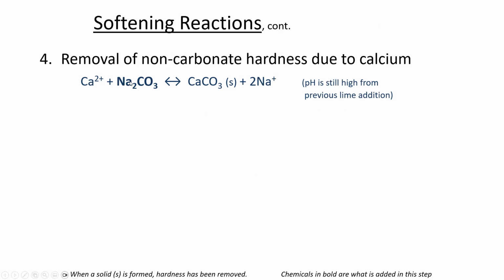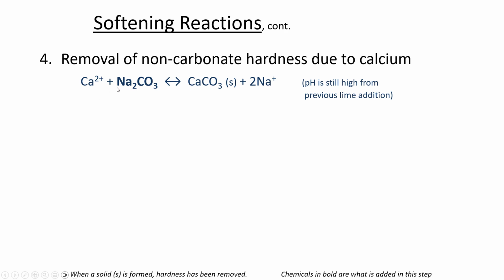So this is the step where, if we add the sodium bicarbonate, that is what we're referring to as the non-carbonate hardness, and the pH would still be high. We wouldn't need to add any further quicklime to get the non-carbonate hardness out.